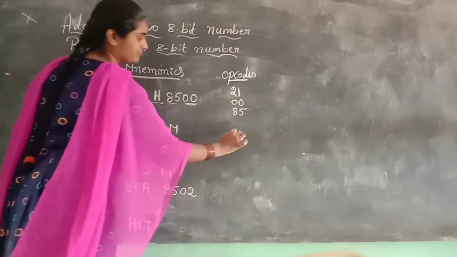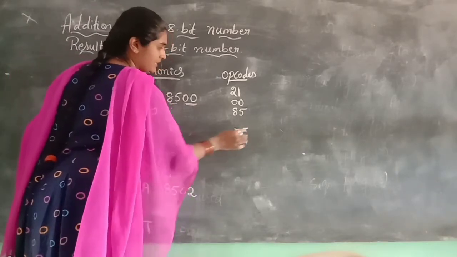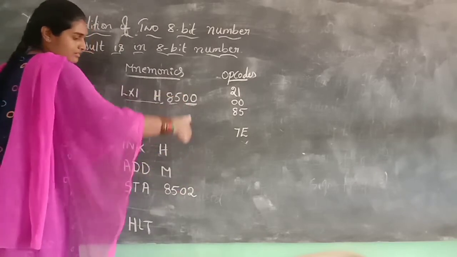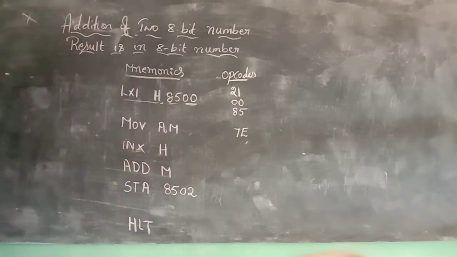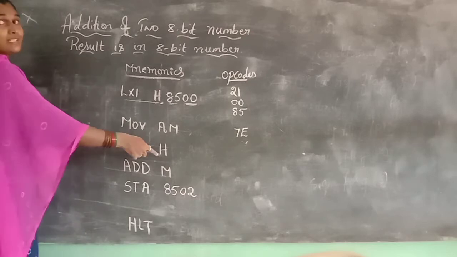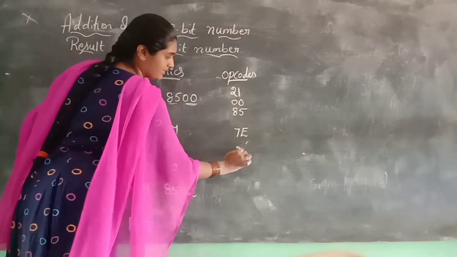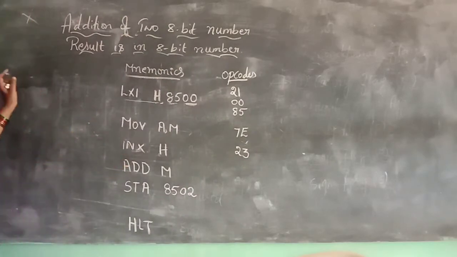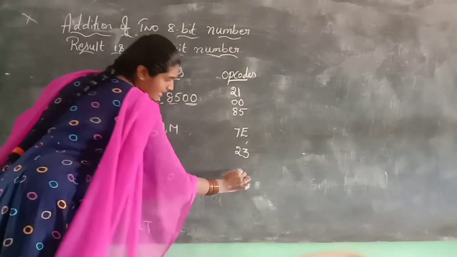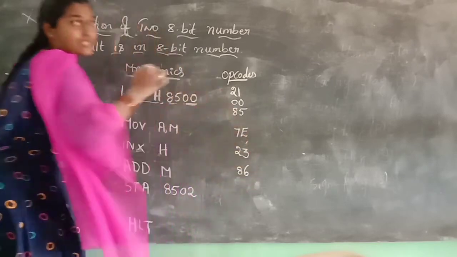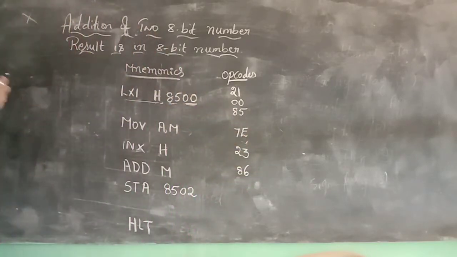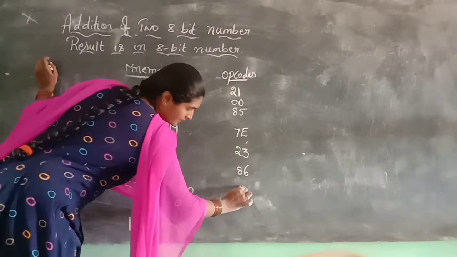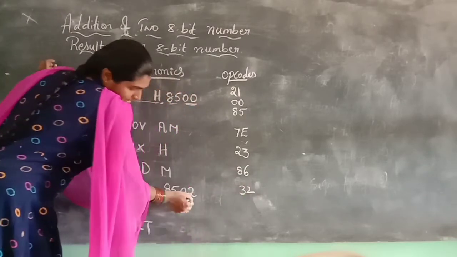Next, move A comma M: opcode 7E. Opcodes are fixed, but the locations depend on our choice. Next, INX H: 23. Add M: 86. Next, STA, store the accumulator content: 32.